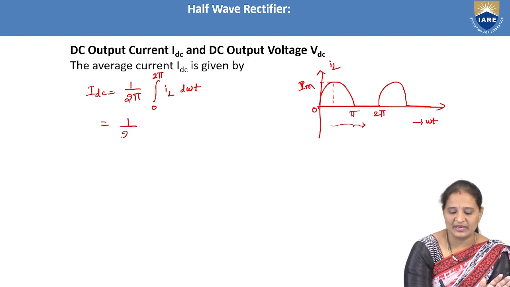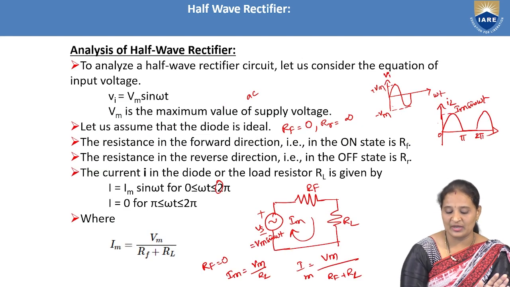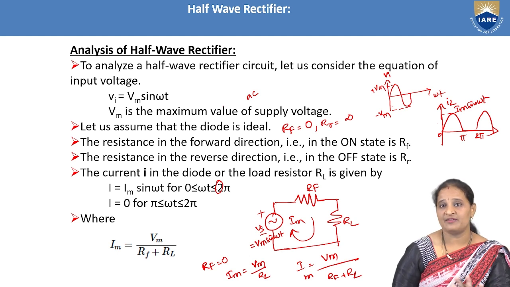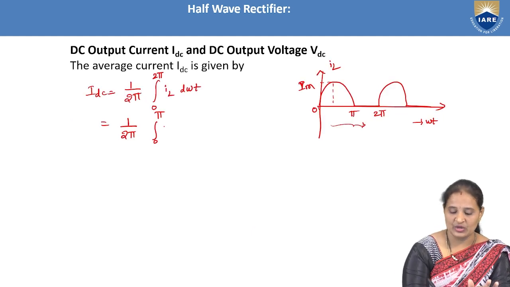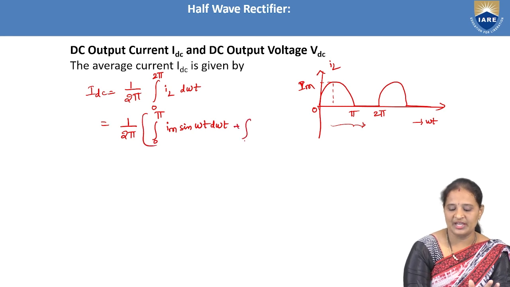Now let us split the limits here. That is 0 to pi IL d omega t, which according to the equation is Im into sine omega t, and for pi to 2 pi it is 0. So integral 0 to pi Im sine omega t d omega t plus integral pi to 2 pi, the current is considered to be 0, d omega t.